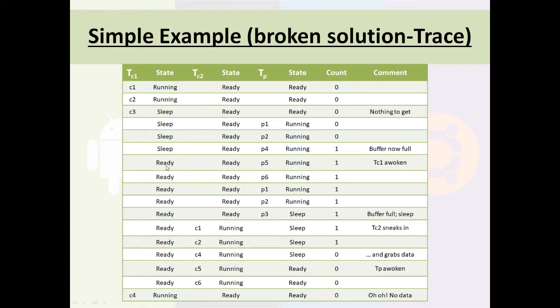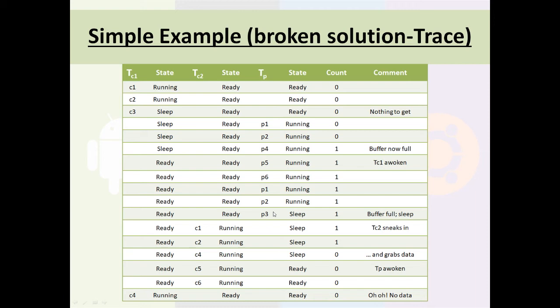The producer then continues until realizing the buffer is full, at which point it sleeps. You see it continues all the way down here, realizes that the buffer is now full, and it sleeps.